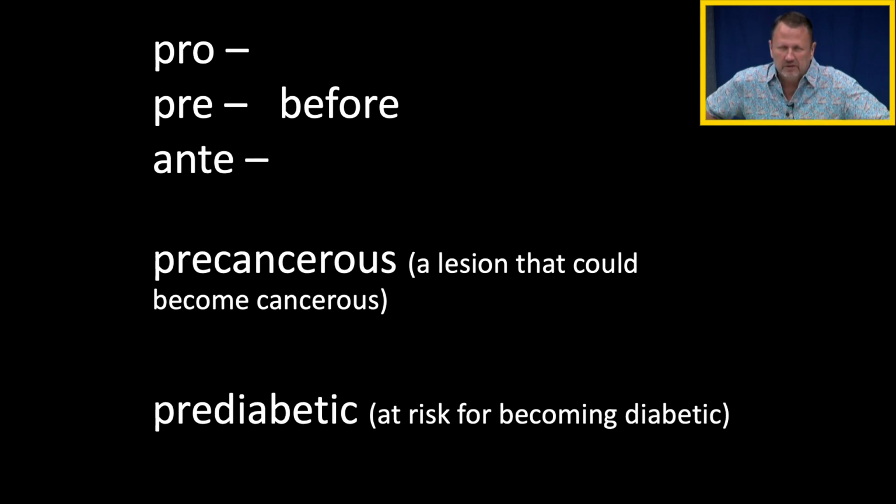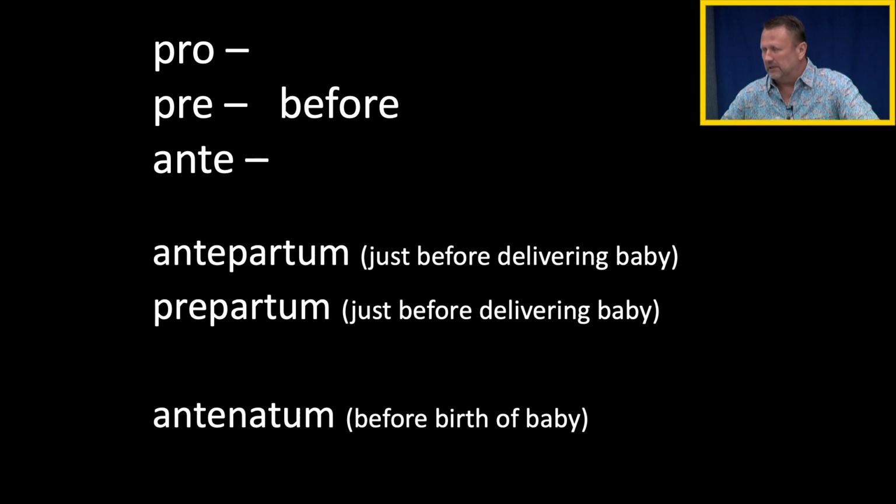Precancerous, it's a lesion that could become cancer if we leave it alone. Pre-diabetic, that means if they don't change their ways, they will become diabetic. Right? Prepartum and antepartum mean the same thing, just before delivering a baby. The antenatal period is before the birth of the baby.